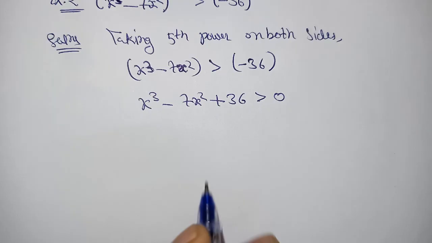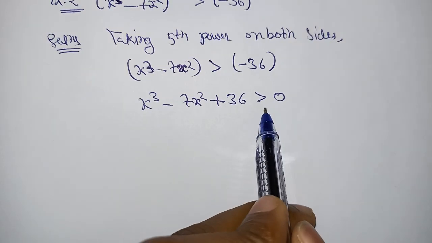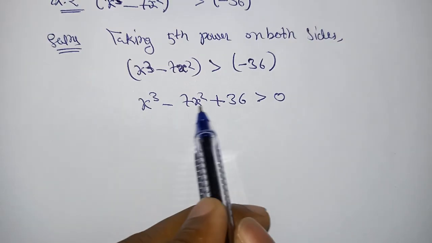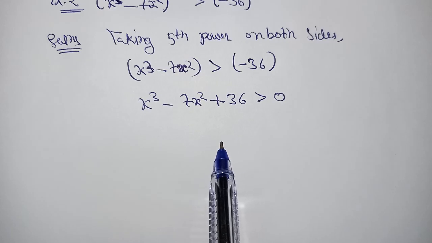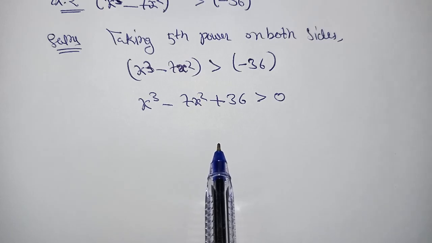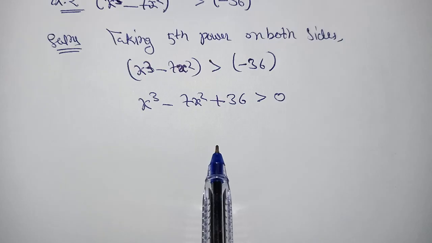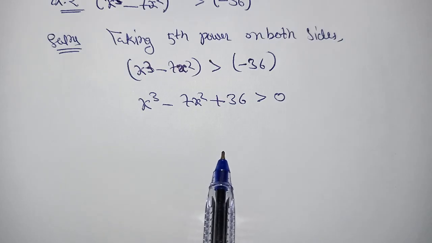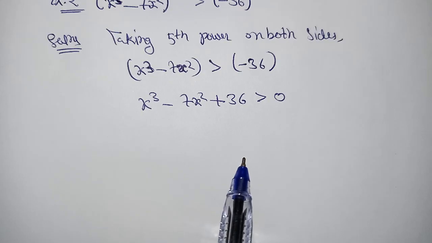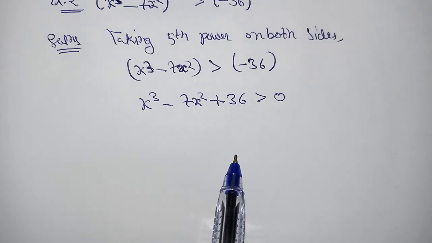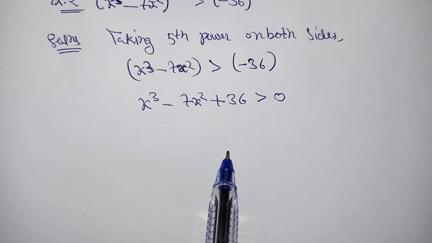And this is a cubic equation, but here equality is not there. Still we can factorize this. So one factor will be, by observation we can see that x equal minus 2 will satisfy this part.